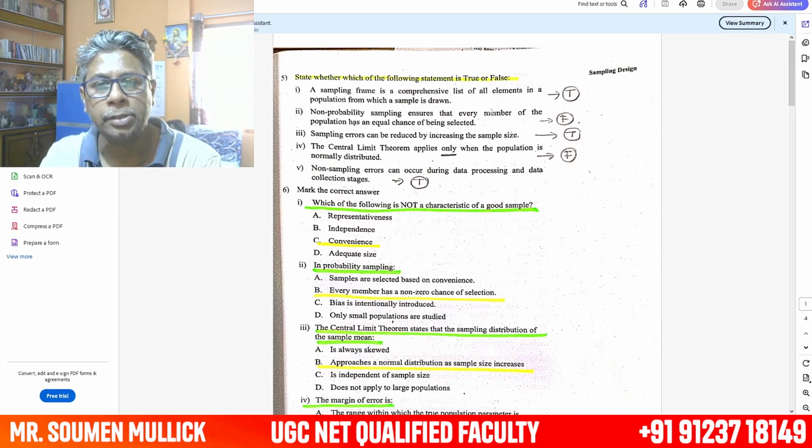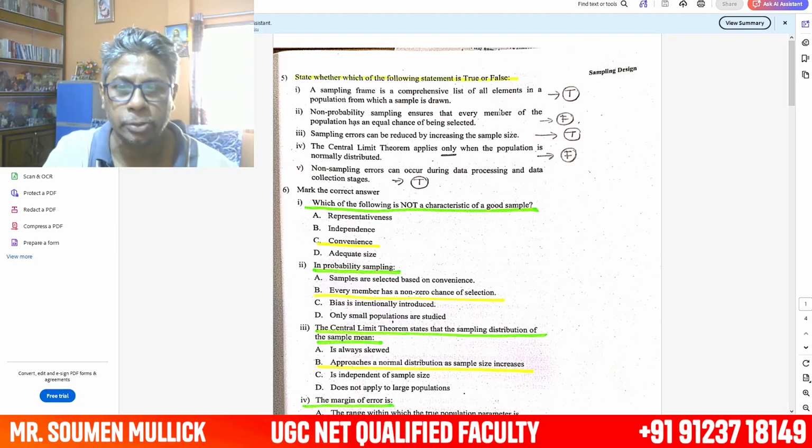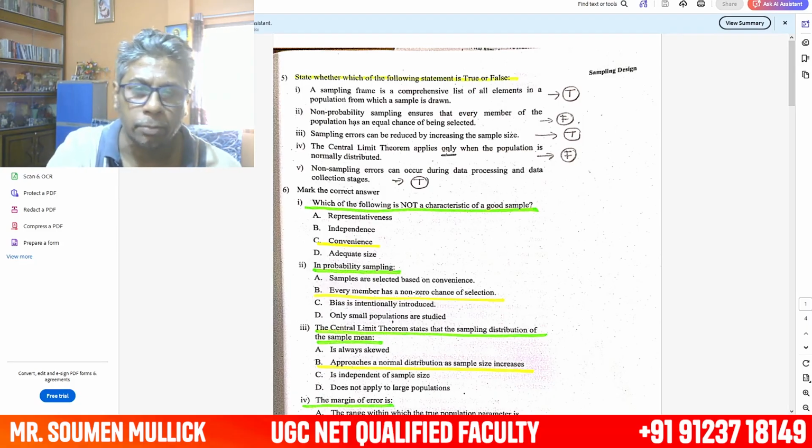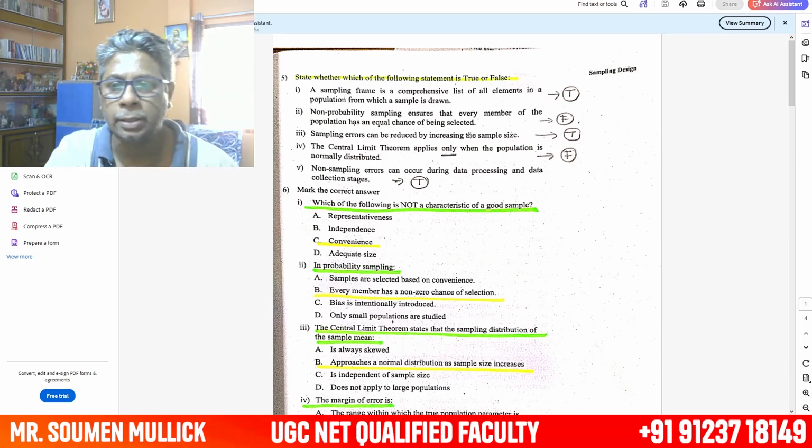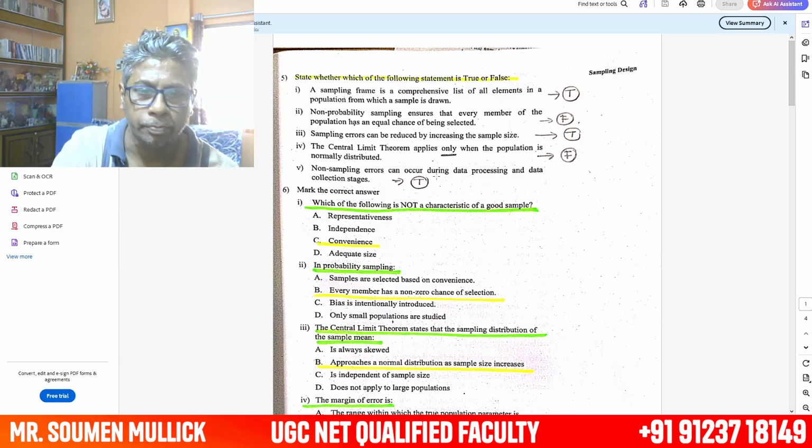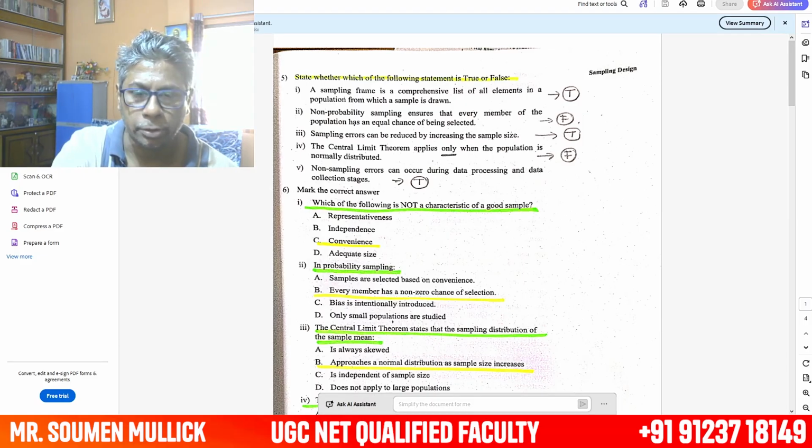If the statement is true or false, the statement is true. So how can we solve these types of questions? Sampling error can be reduced by increasing the sample size. What is the central limit theorem? So before solving these problems, we have to understand the important concepts of sampling.